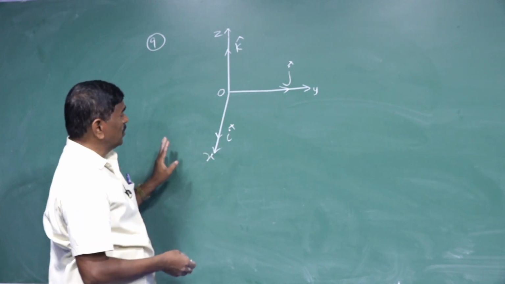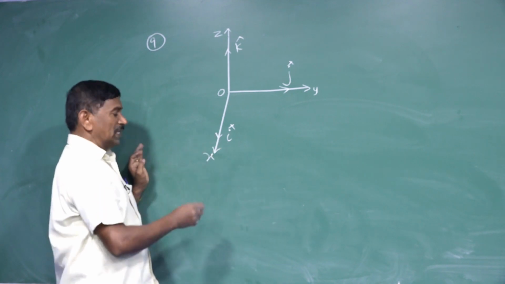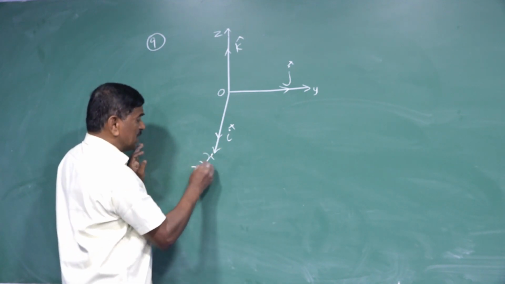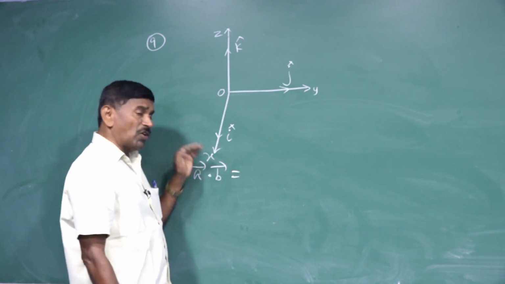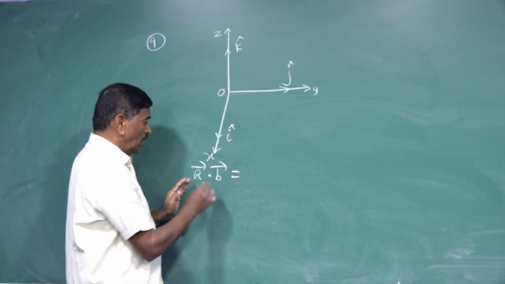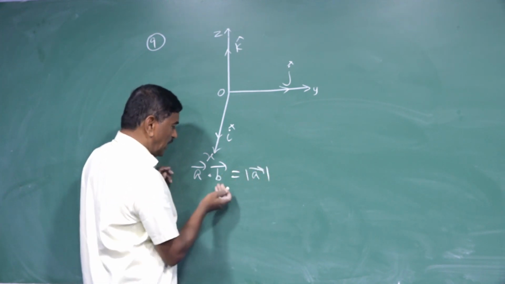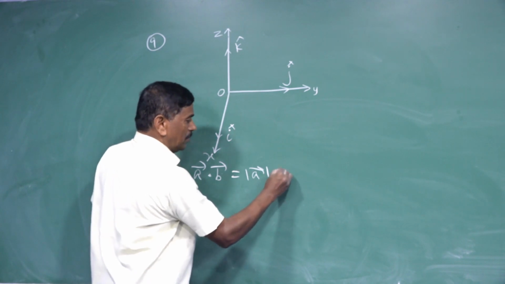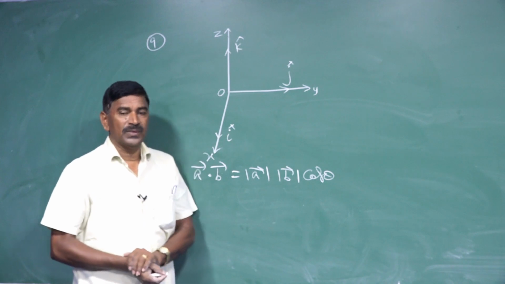Now, every time we want to go through the definition. By the definition, the dot product is given by a vector dot b vector equal to modulus of a vector into modulus of b vector into cos theta. That is the definition.